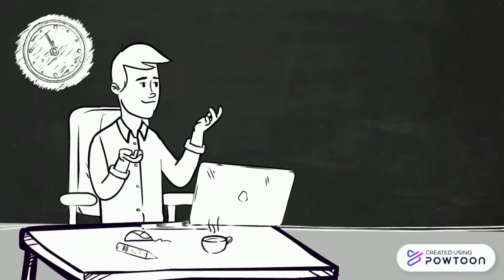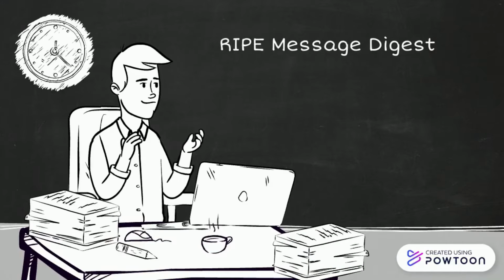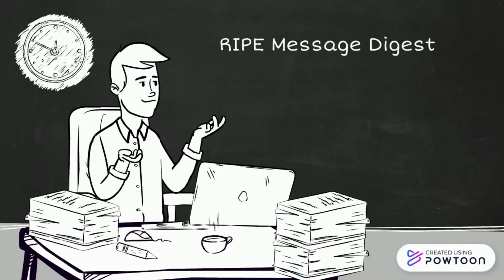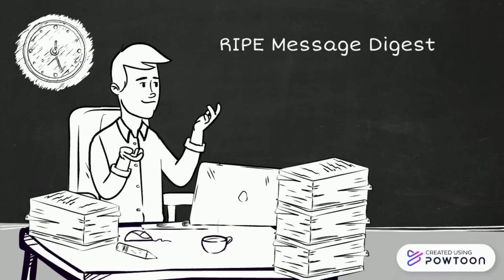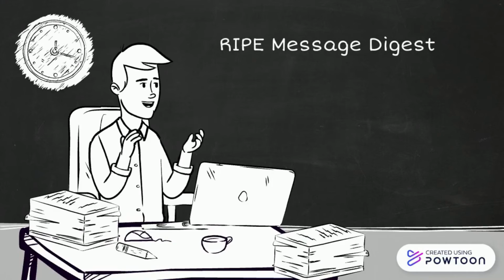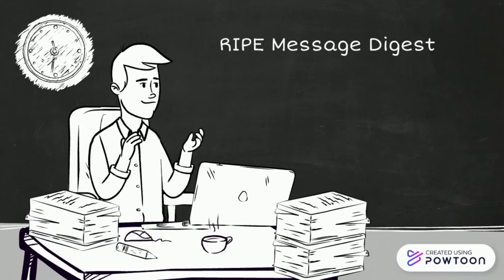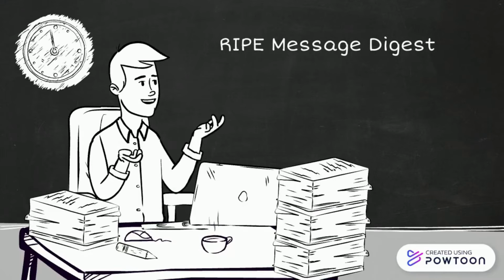RIPEMD, or RACE Integrity Primitives Evaluation Message Digest, is a subblock of the RIPEMD-160 hash algorithm. The message is processed by a compression function in blocks of 512 bits and passed through two streams of the subblock by using 5 different versions in which the value of constant letter K is also different.